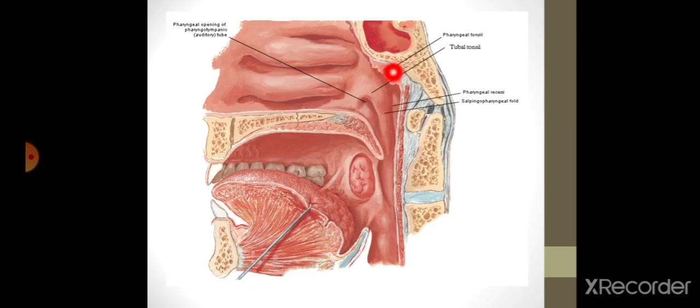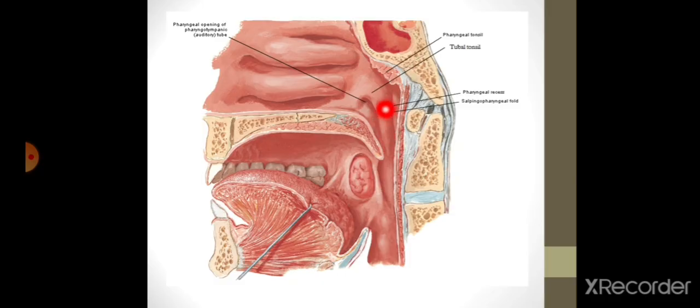It is also known as the adenoid tonsil. It is more commonly inflamed in children. This pharyngeal tonsil is also known as the third tonsil.